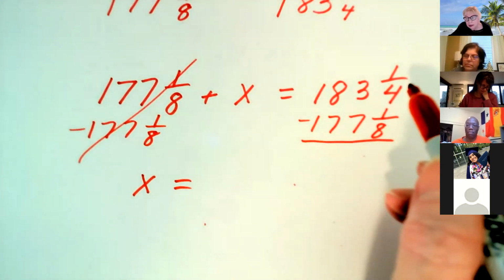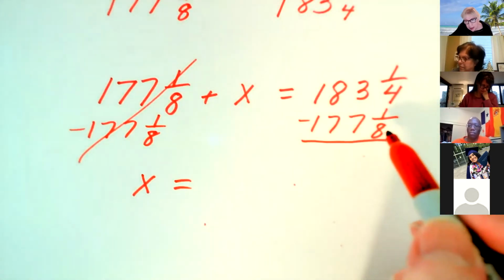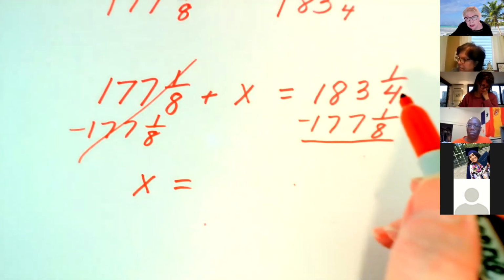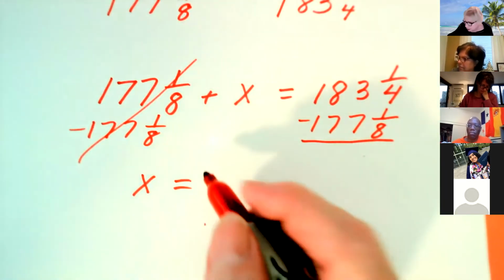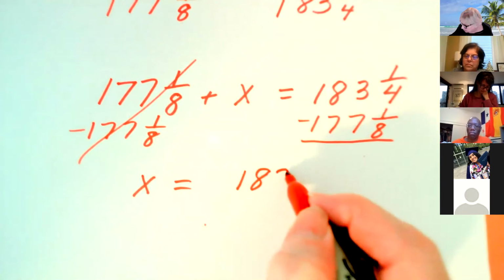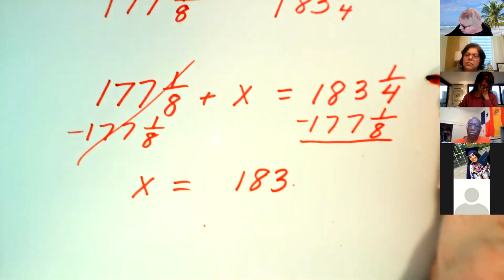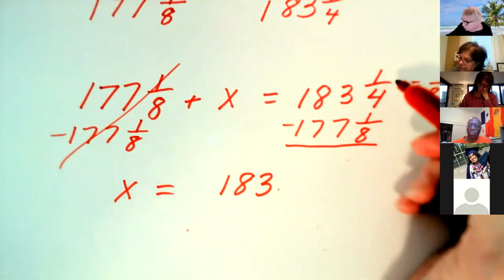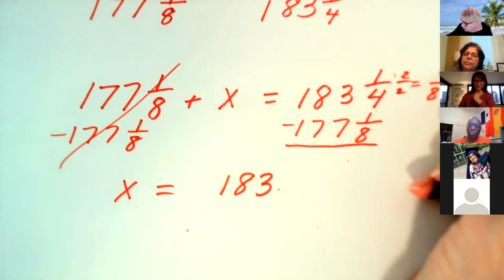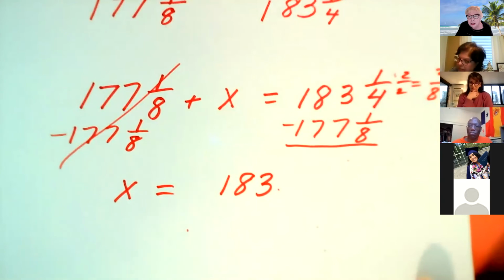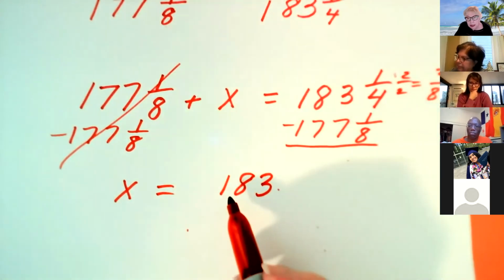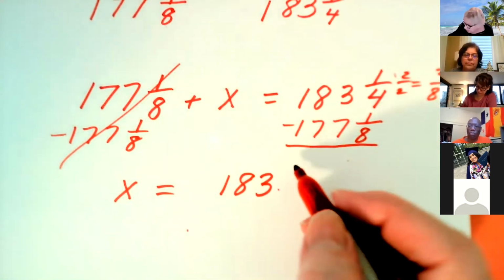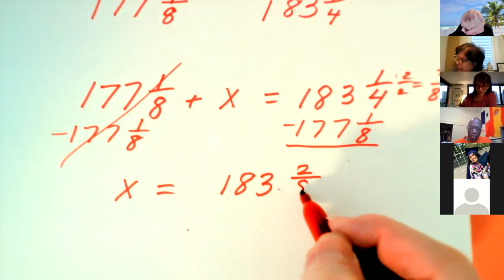Now, the problem is that they don't have common denominators, and we could make a common denominator very easily. This needs to be in 8ths, right? If you double it in both places, you would get 2/8. So I'm going to write it down: 183 and 2/8. Why?